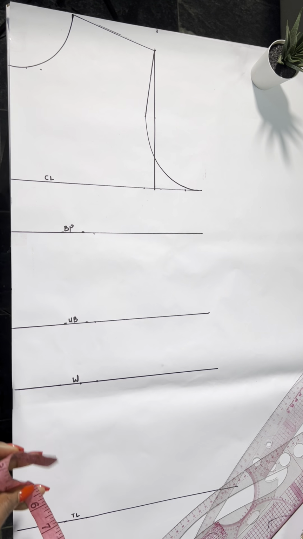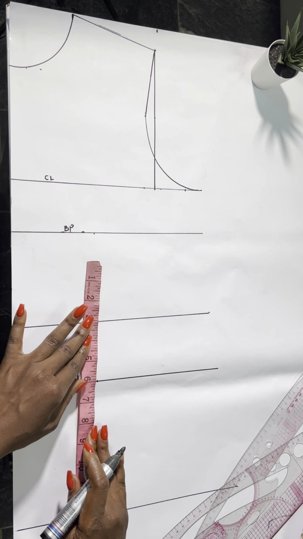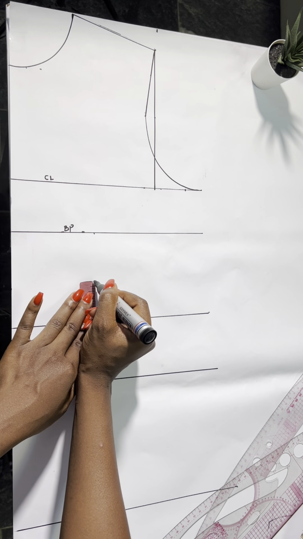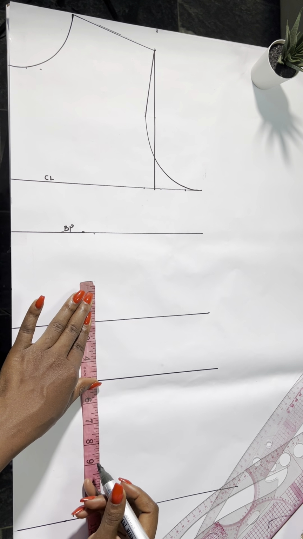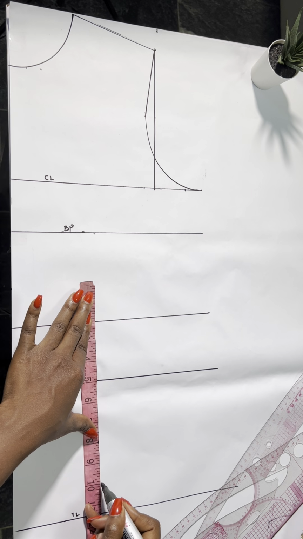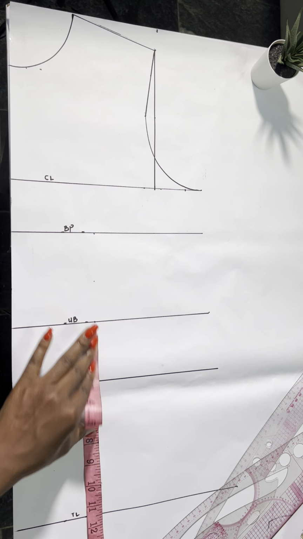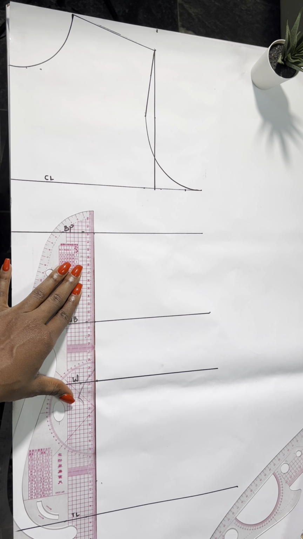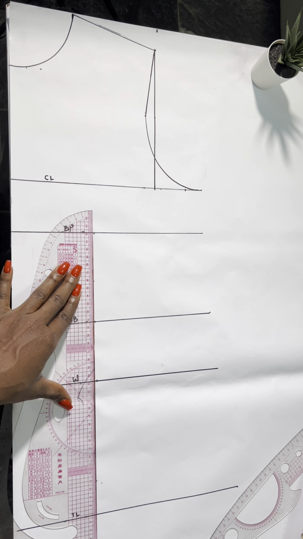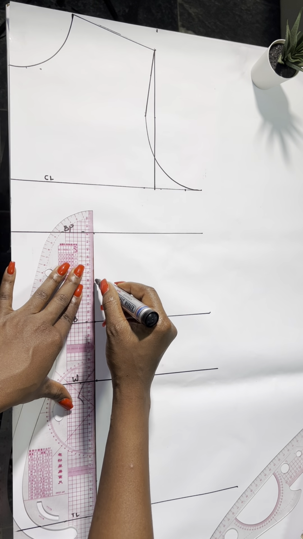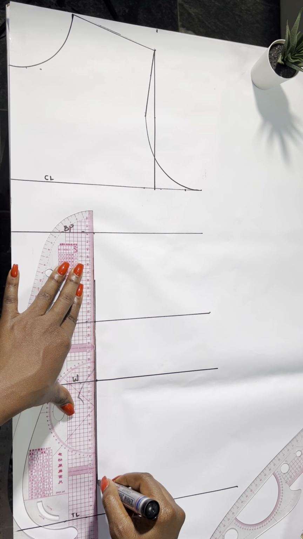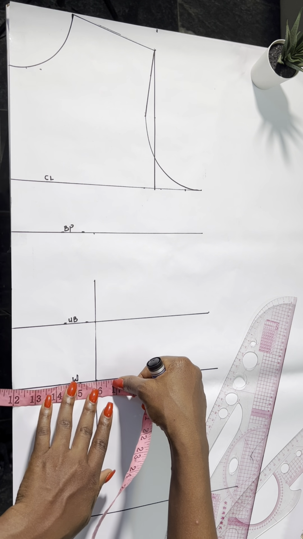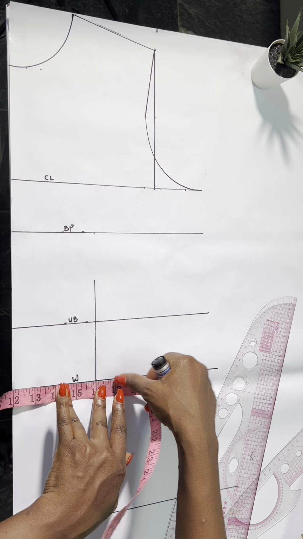For the dart, the length of your dart should be 5 from your waistline. So we'll mark here 5 inches. You mark half an inch on both sides.